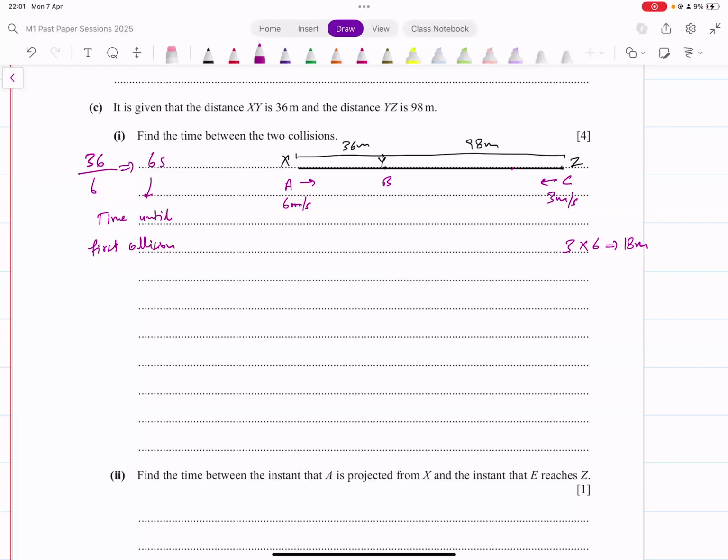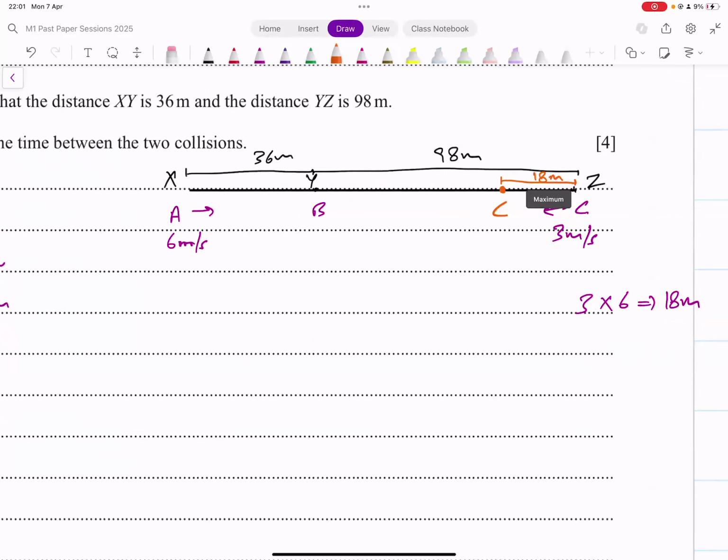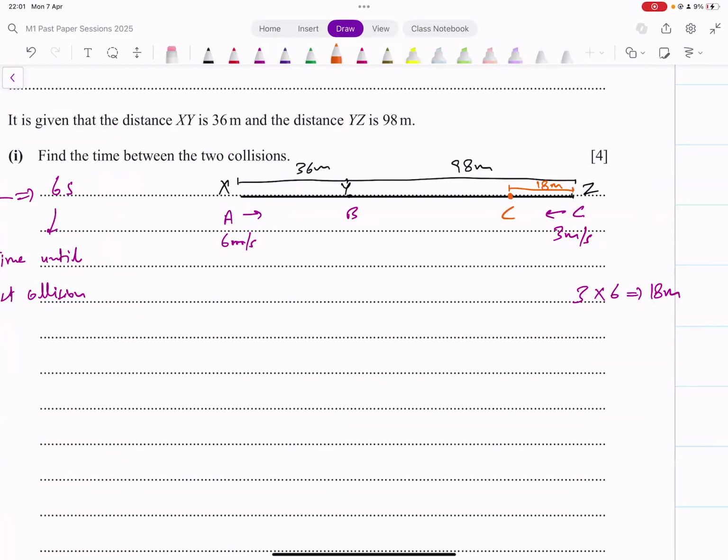So C would be somewhere here. Let me represent it with a different color. After the first collision, C is here, such that it is a distance of 18 meters from its starting point. And this is at the point of first collision, right? C is here.